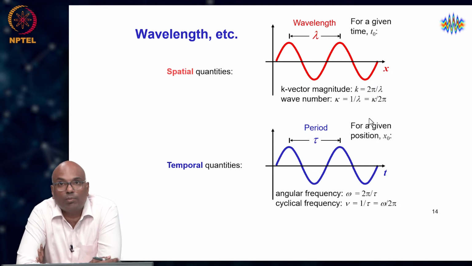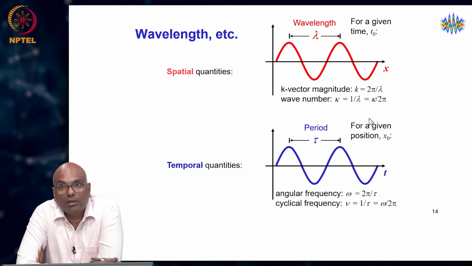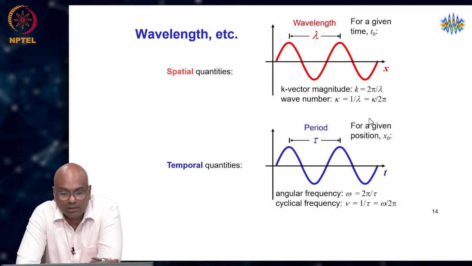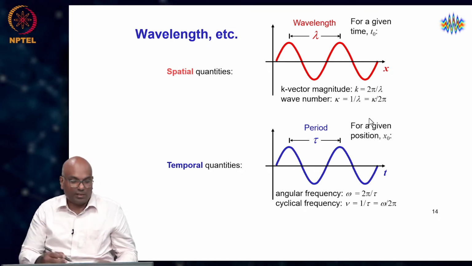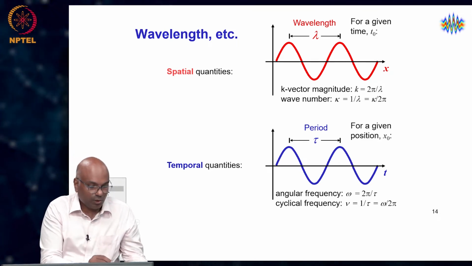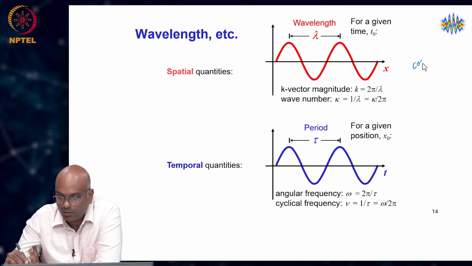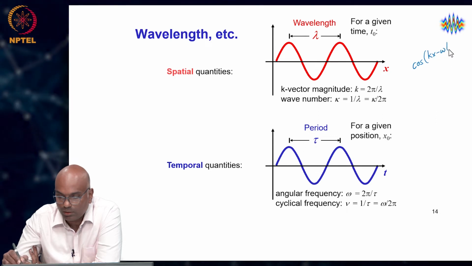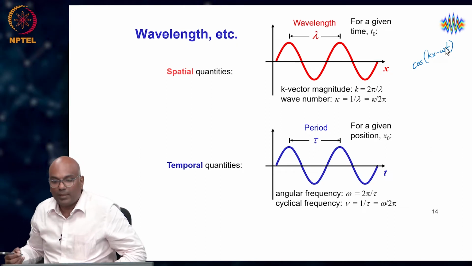So, whatever argument we put into it will repeat for every cycling of the phase by 2 pi. This is something we know. So, we had in this case the cosine of kx minus omega t, right.